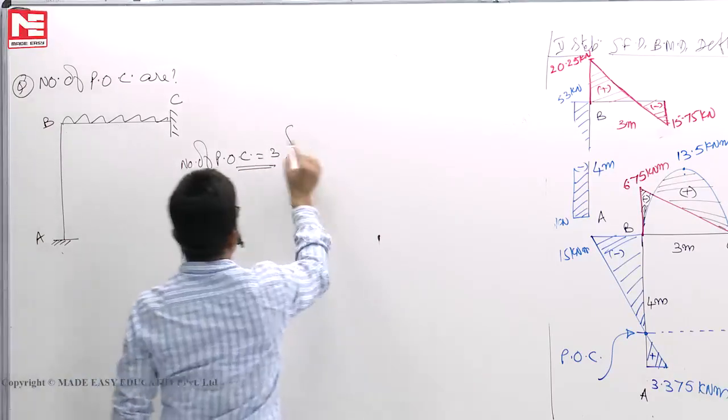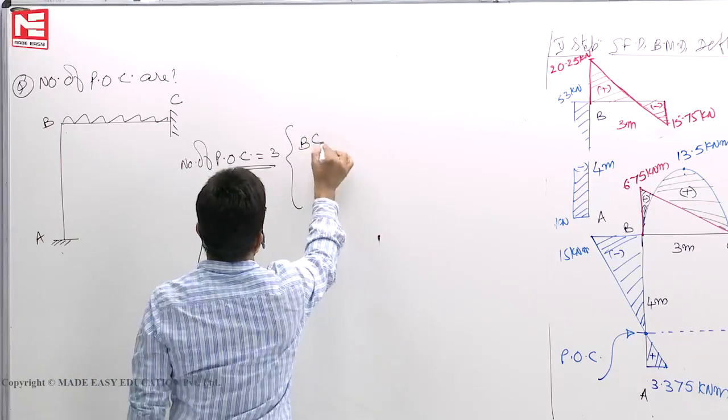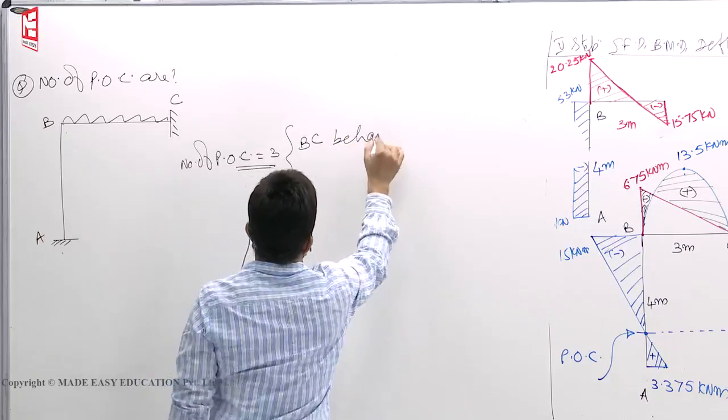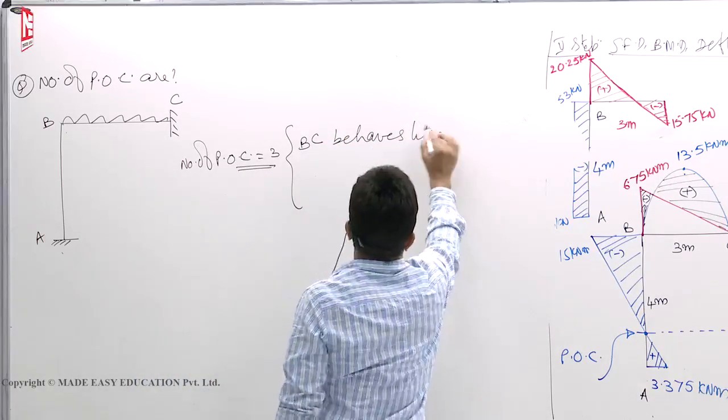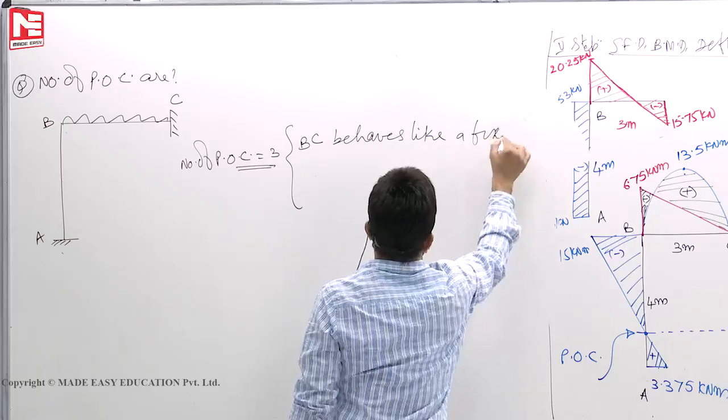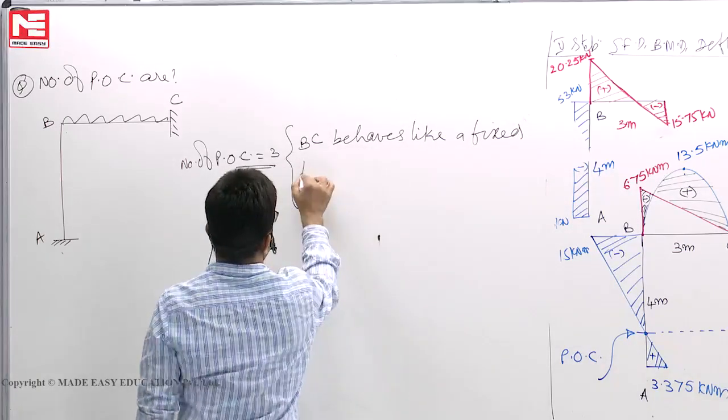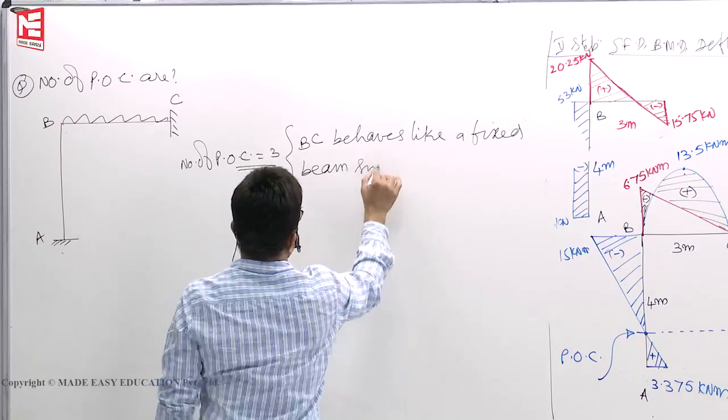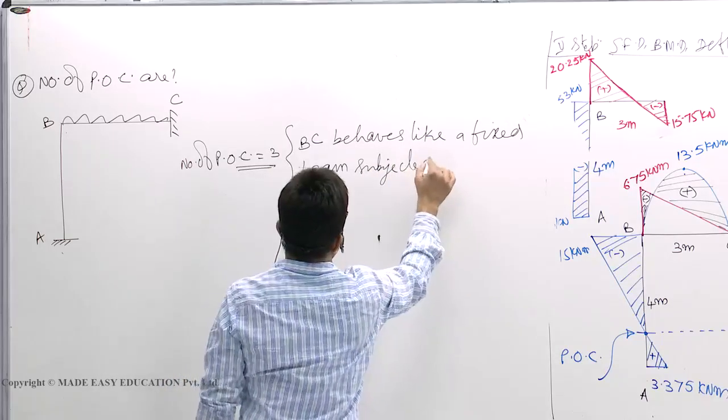Now we will write here. Why 3? BC behaves like a fixed beam, like a fixed beam subjected to UDL.